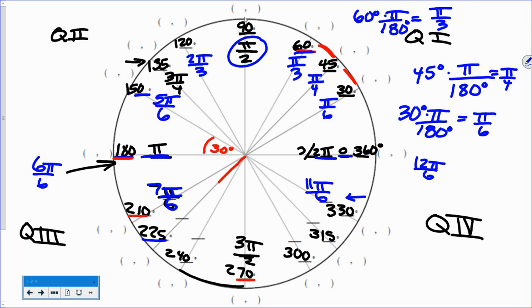All right, if I'm looking at 225, that's exactly in the middle of that quadrant. So that's the one that's 45 degrees away from my 180. So that is going to end with a denominator of 4, because we're trying to split that bottom half into 4 parts.